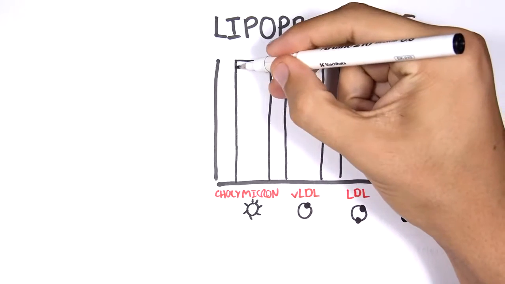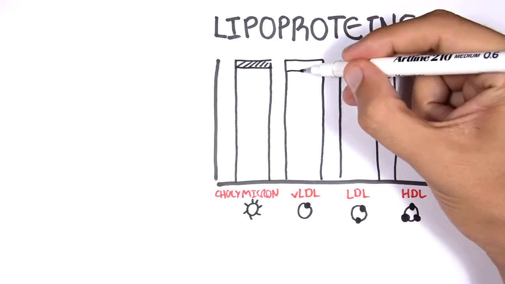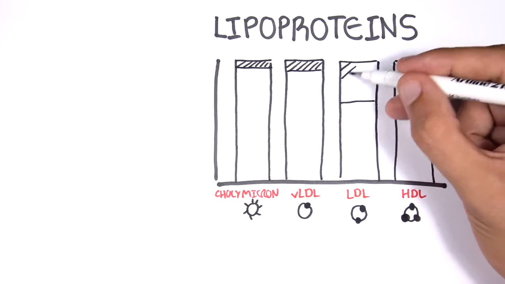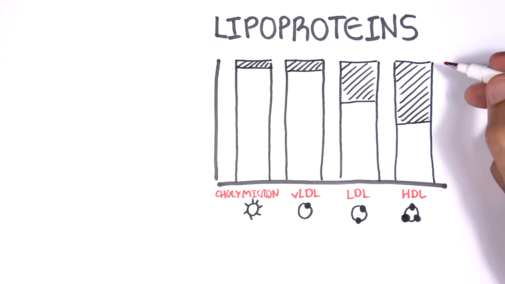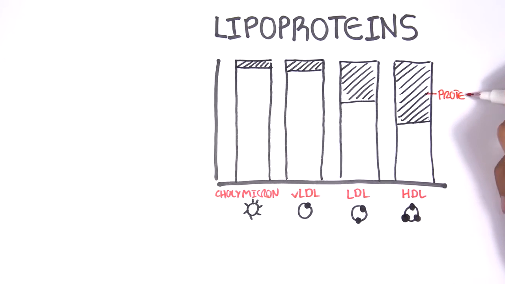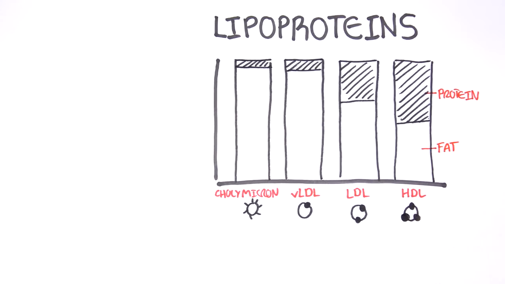And if we look at the composition or the amounts of fat and proteins in each of these lipoproteins, we can see that the protein content increases from chylomicrons to the high density lipoproteins. Basically, it means that chylomicrons have a lot of lipids and little proteins.